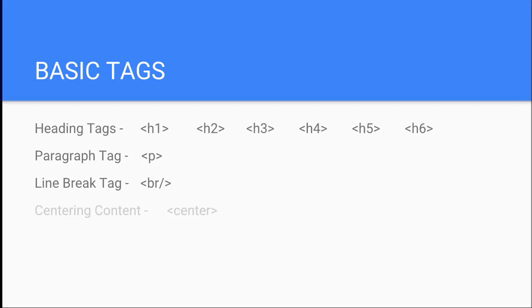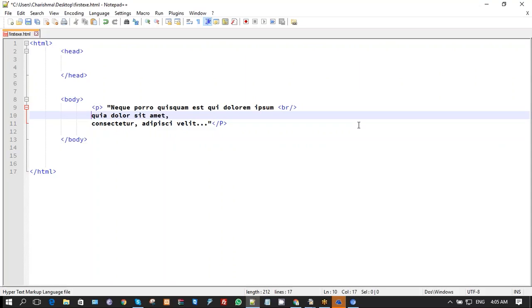And the next tag is centering content, the center tag. Let's try this too. We actually use this center tag to put a particular piece of content in the center of the browser. So let us put this piece of content in the center of the browser. To do that, we use a center tag.